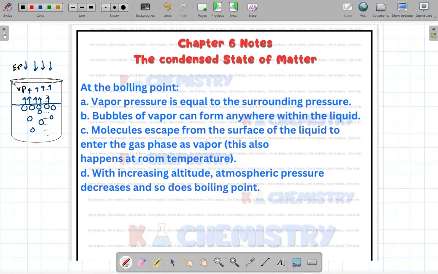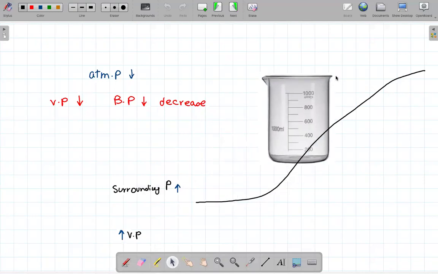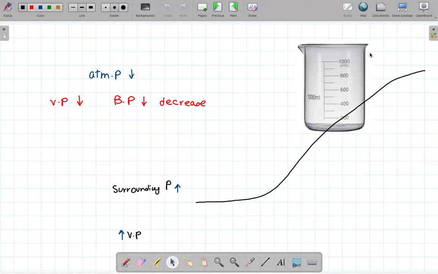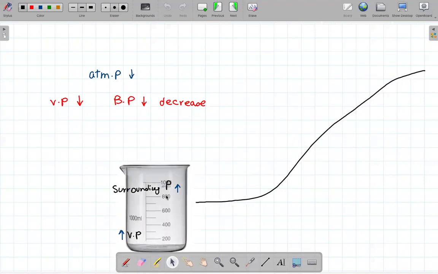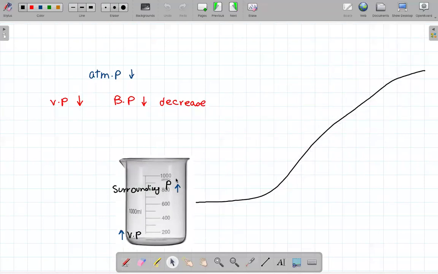We knew how the altitude difference makes a difference in the boiling point, because it makes a difference in the atmospheric pressure. As you go up a mountain, the atmospheric pressure decreases. Since the atmospheric pressure is decreasing, the vapor pressure is the same, but the surrounding pressure differs. It decreases up the mountain and increases down the mountain, so the boiling point also will be different.